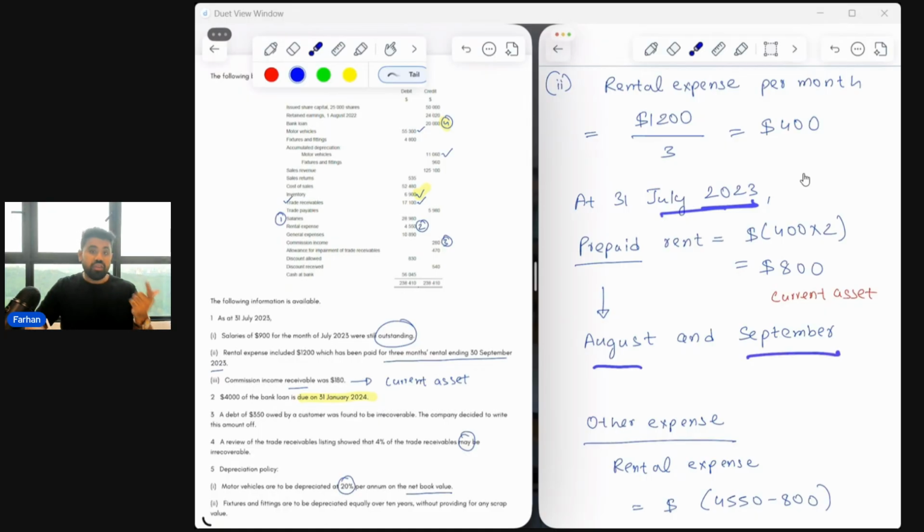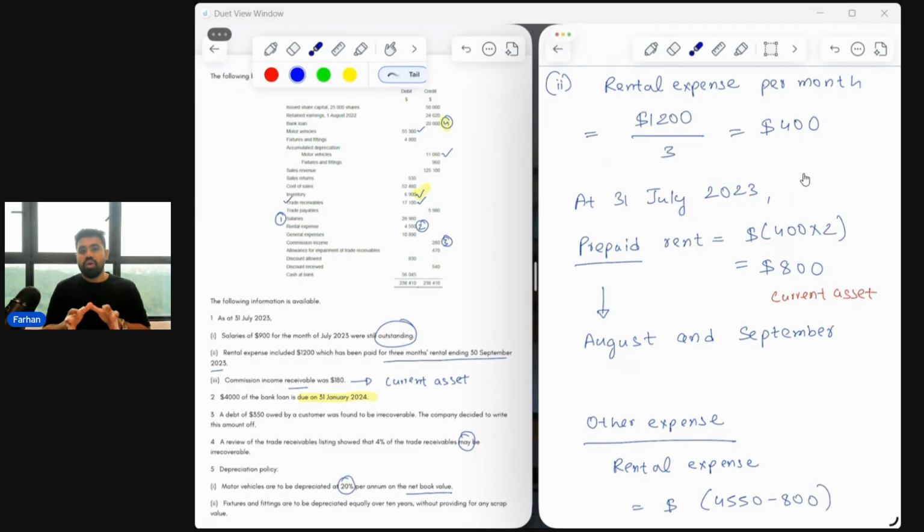So given that the monthly rent is $400, which we have already calculated, and we understand that we have paid 2 months rent in advance, which are the months of August and September, the total amount for prepaid rent is therefore $400 multiplied by 2, which is $800.